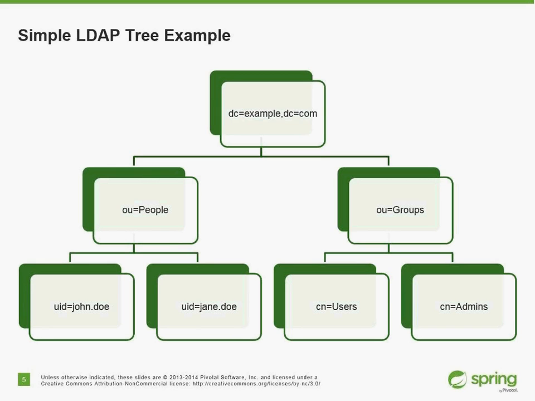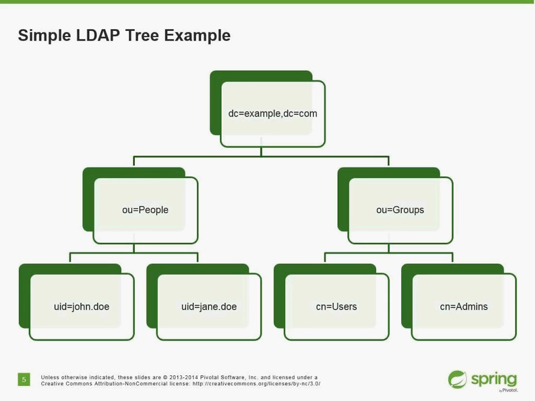We have two organizational units here. We have the people and the groups node. The people node, obviously, groups the users in the system. We have two users here, John Doe and Jane Doe. And we have the groups node, which contains all of the groups in this LDAP system.